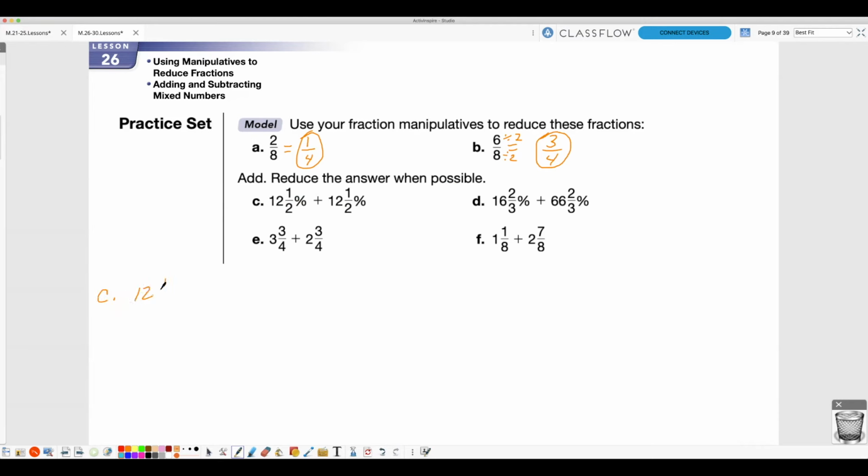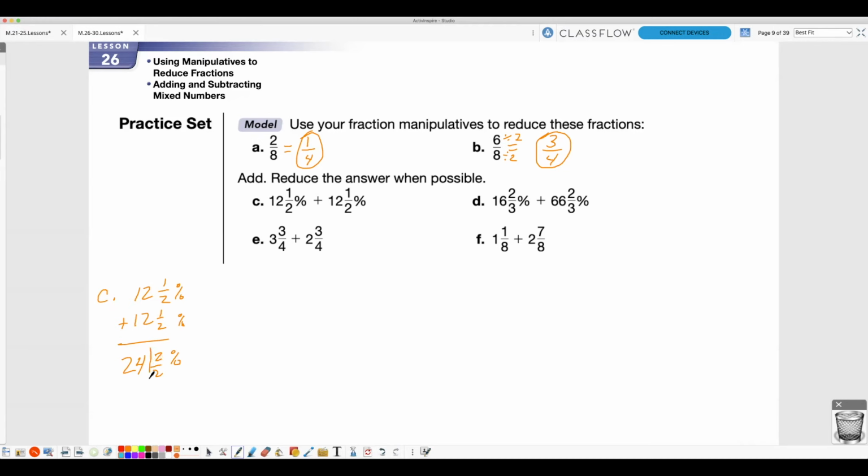So I'd have to do 12.5 plus 12.5. And the answer is going to be in percent because both these are in percent. I'd add the fraction parts. I'd get 2 halves because 2 plus 2 in the numerators. Denominator stays the same. This would be 24 and 2/2%.